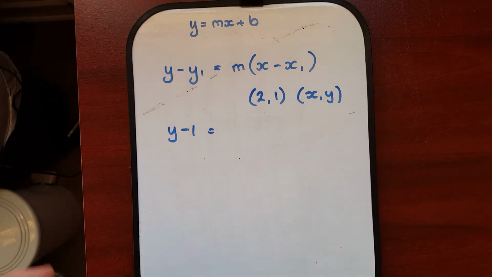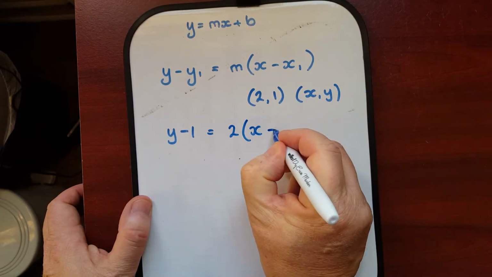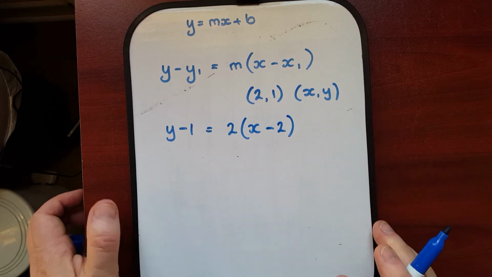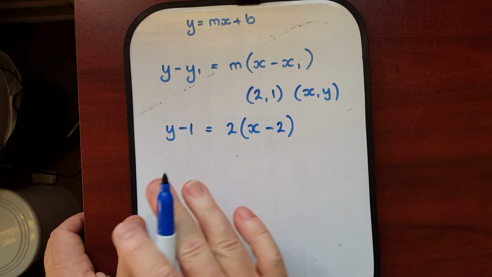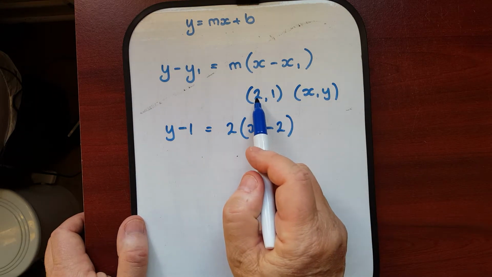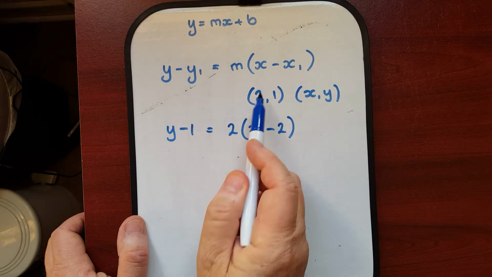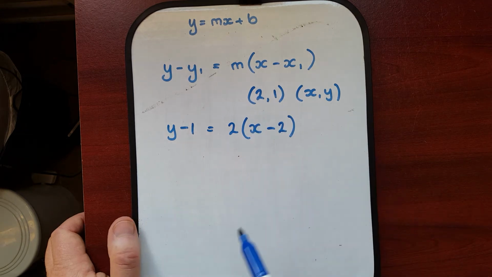So the 2 remains the same. 2 lots of x minus, the new x value is 2. And so that's our new little part of the formula where we plugged in the numbers. Remember that if any of these numbers had been negative, then y minus the new number would have turned it into a plus. It would be minus minus, but these are positive anyway.